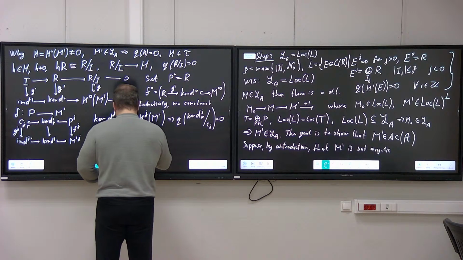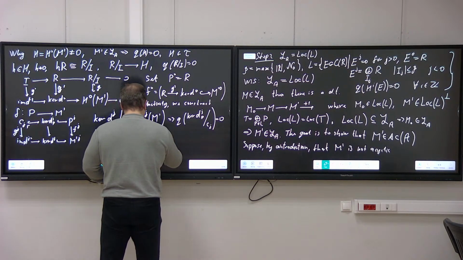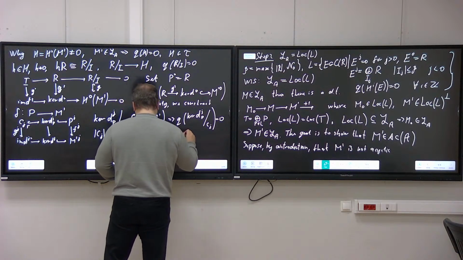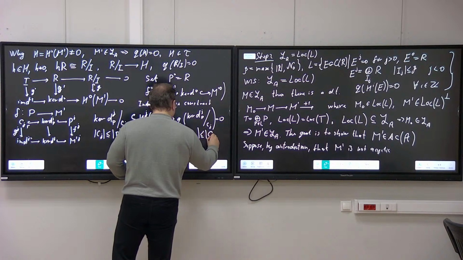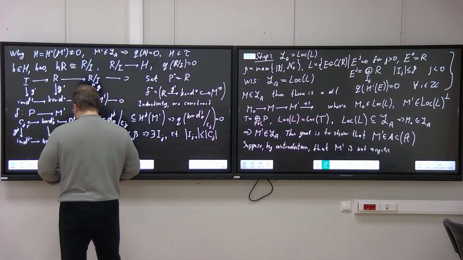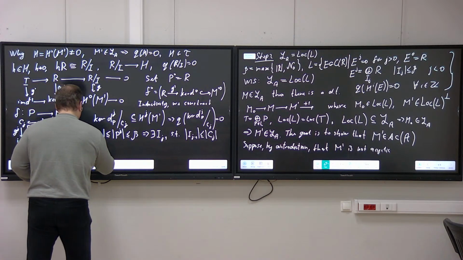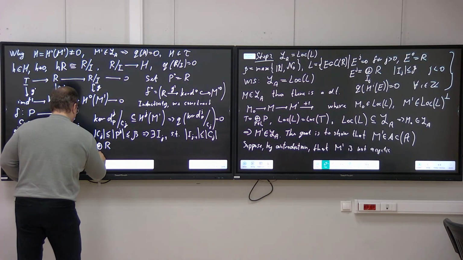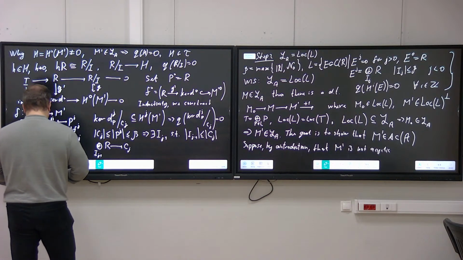So then I can claim that there is a set I with the index j minus 1 such that the cardinality of this set is less than or equal to the cardinality of the Cj, and there is an epimorphism from the direct sum of the ring over the set I with the index j minus 1 to the Cj.